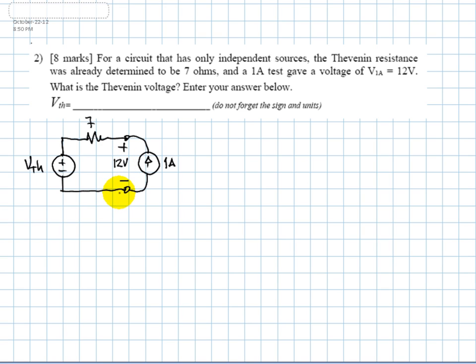From that circuit, for sure, we can find VTH. The voltage drop across the 7 ohms is 7 times 1, 7 volts. So you do a KVL equation there, and you find directly that VTH is 12 minus 7. That is 5 volts, and that is the answer you need to write here.